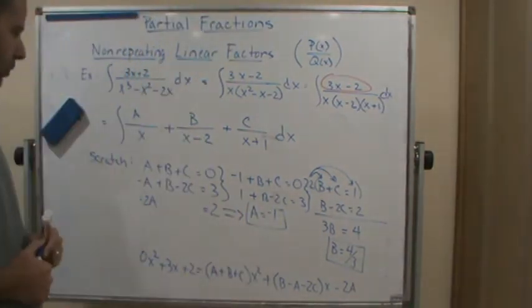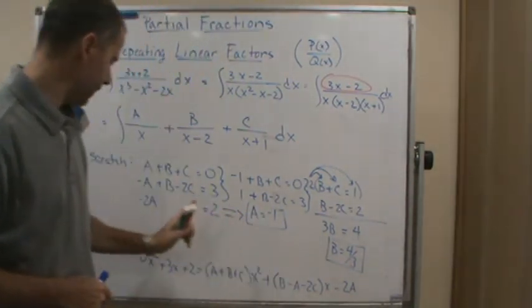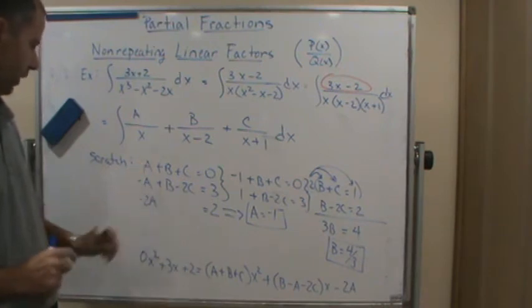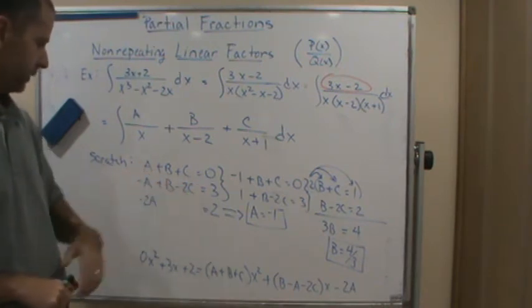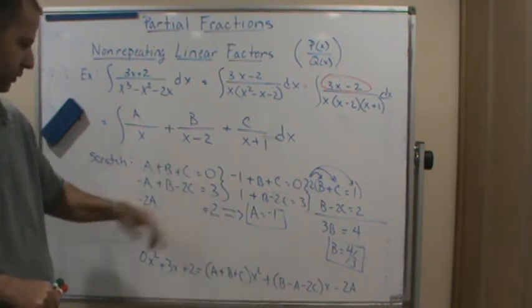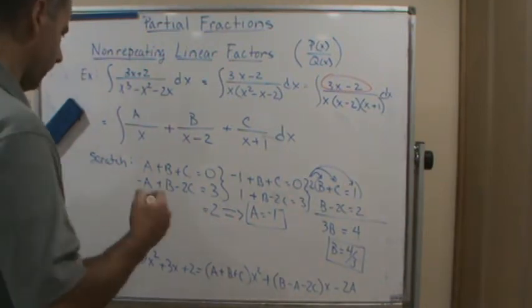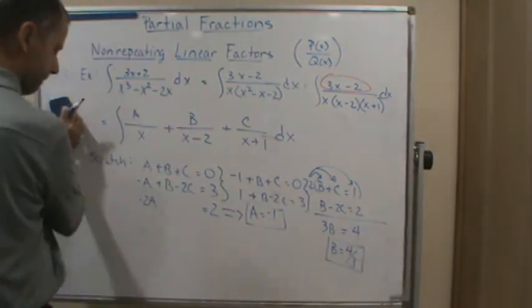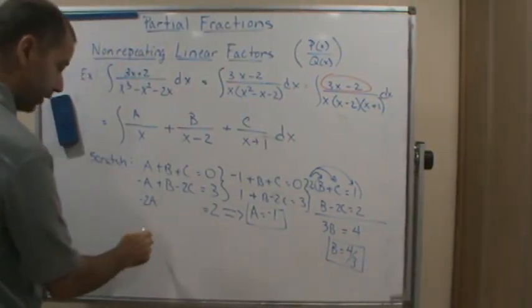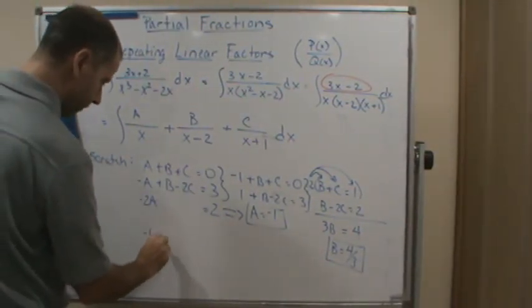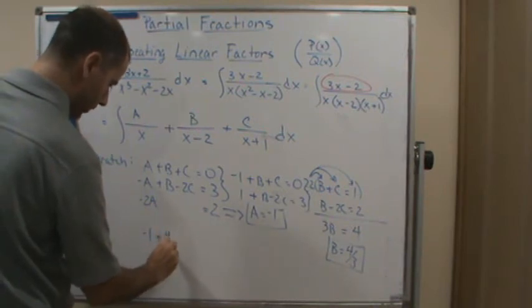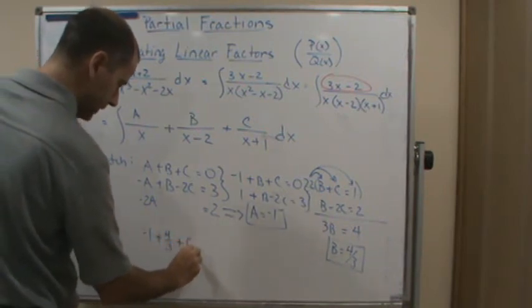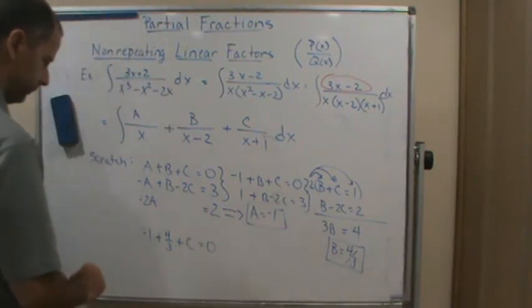So now all I have to do is take a and b and plug it into either this one or this one. So I'm going to plug it into this one. a plus b plus c equals 0. Okay? And so now I know that negative 1 plus 4/3 plus c equals 0.